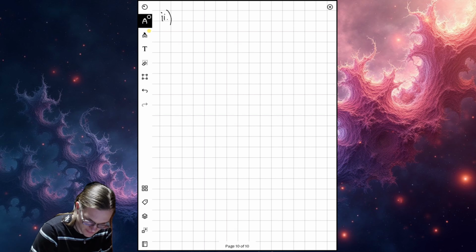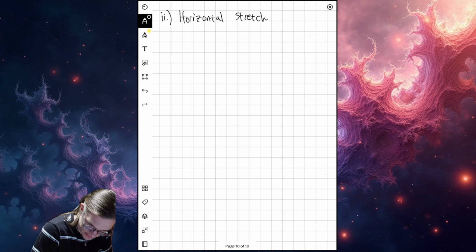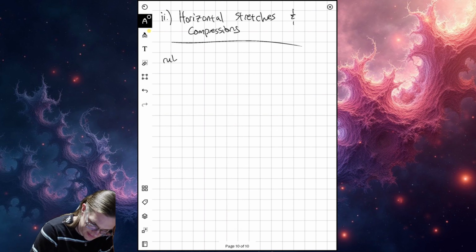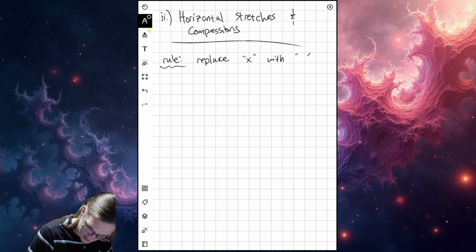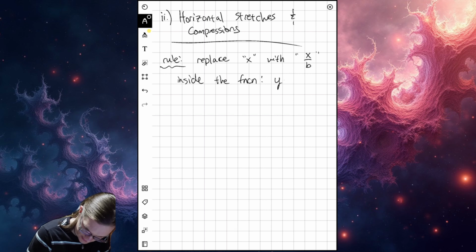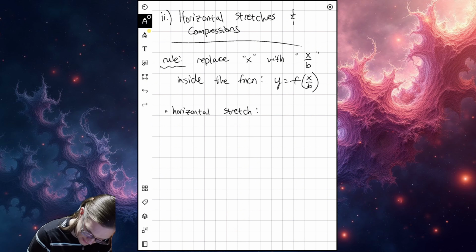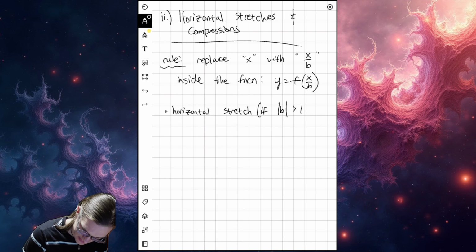Okay? Then we have horizontal stretches and compressions. And the rule here, once again, when it comes to modifying the x, manipulating the input, we're going to replace x with x over b inside the function. So it'll look like this, f of x over b. And so for a horizontal stretch, that's when b now, the absolute value of b, is greater than 1.